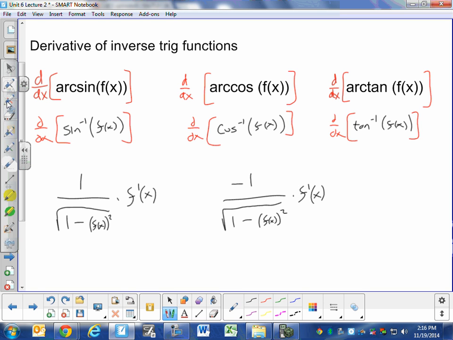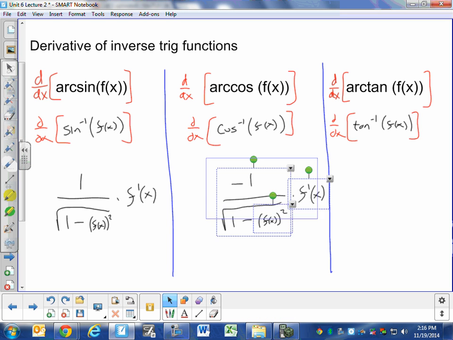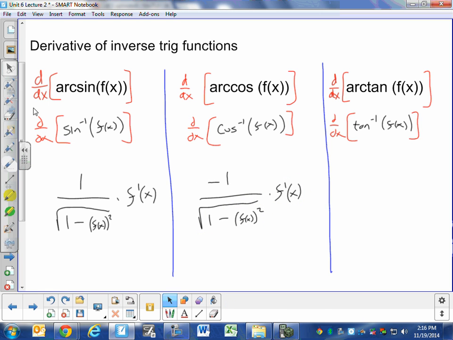And then finally, the derivative of arc tangent, the last one that you need to know, is similar to these as well. It's positive 1 over, and instead of a square root and a minus, it's 1 plus.